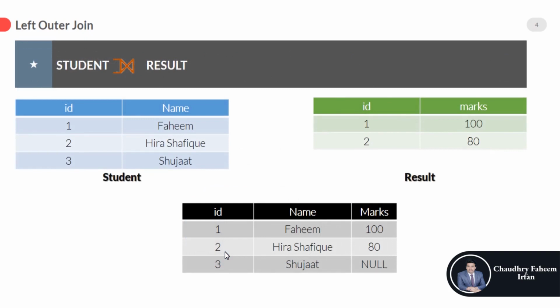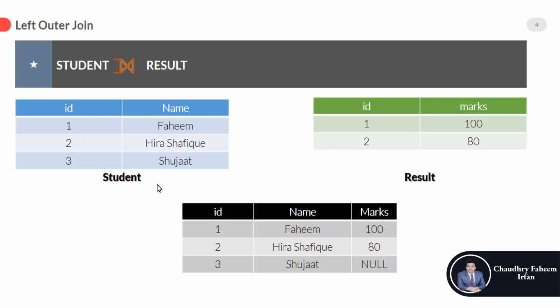So here is the example: student body sample result. Student is the left table and result is the right table, which is the S relation, and student is the R relation. Here is the sample, with the left side open and different from the right side.